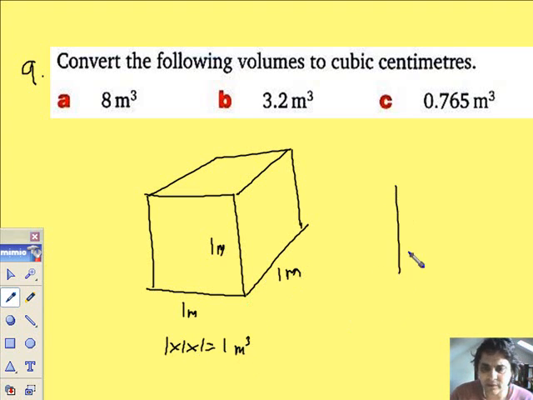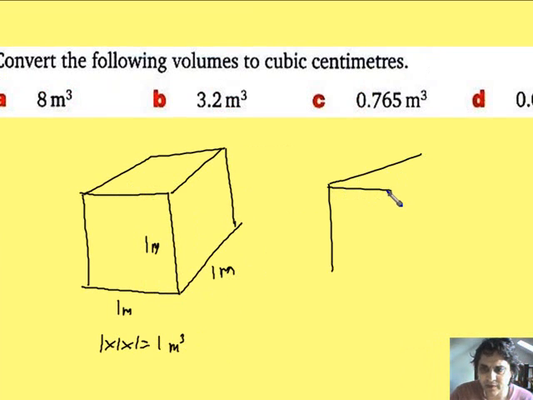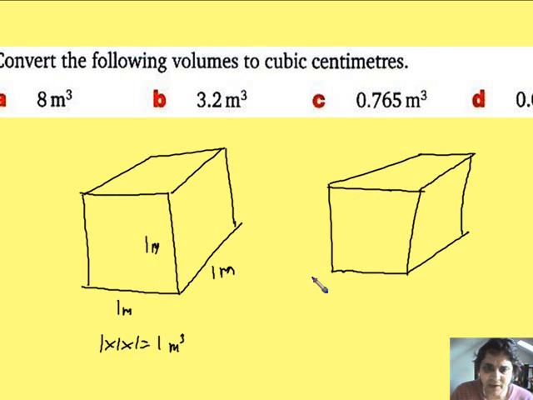Now you also know, I'll try and draw this same sort of thing, that they're meant to be exactly the same, but anyway, you know that a metre is 100 centimetres. There's 100 centimetres across, 100 centimetres going into the screen, and we've got 100 centimetres height there.